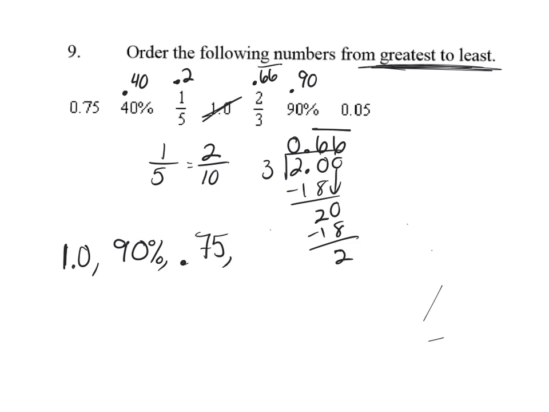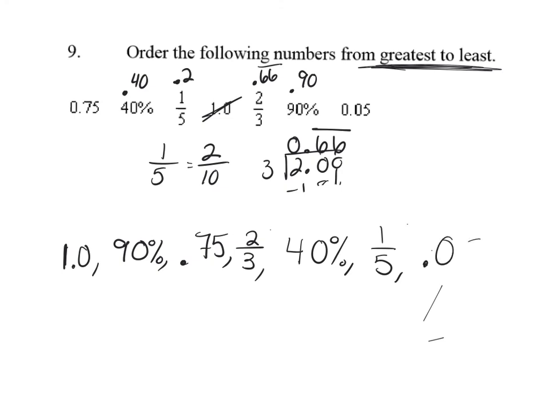Then after that one, you would have the 2/3 because that is 66 repeating hundredths. And then the 40%, let's see if we can erase some of that just so we can have more room to write. Okay, and then we would have the 40%, and then 1/5, and finally the 5 hundredths. So this had to be our greatest number, so it's a whole number, all the way to the lowest number of like 5 cents or 5 hundredths.